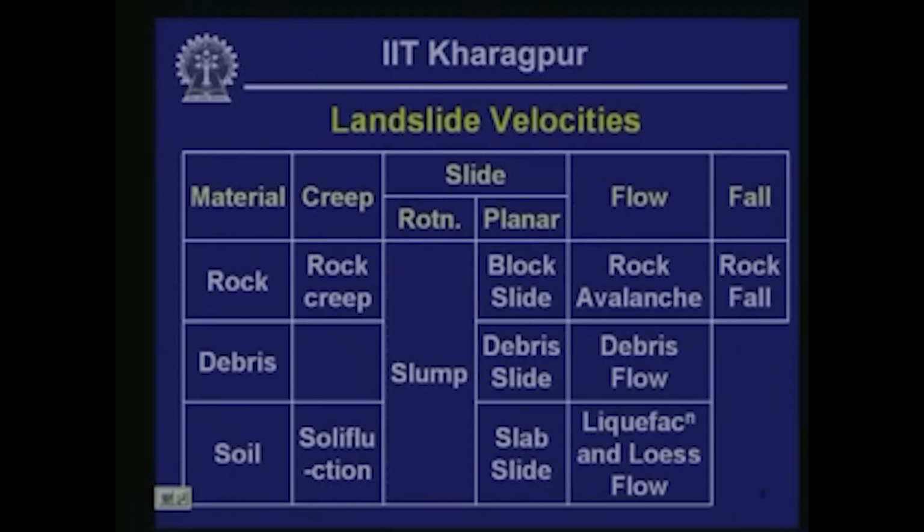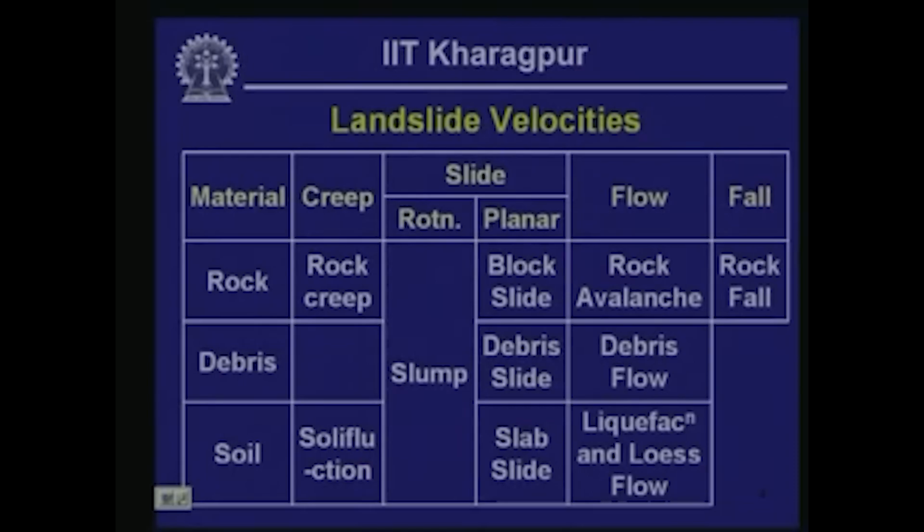So at one end of the material spectrum we have got rock, and that includes hard rock as well as weathered rock. Then on the other end we have got soil, and in between we have got both. The potentially unstable mass is going to be comprised of both soil size grains, as well as blocks of rock which is as huge as boulders, and that is given the name debris.